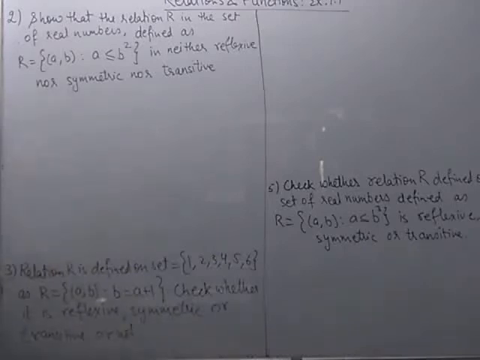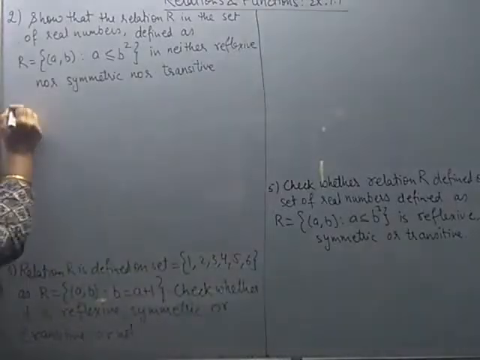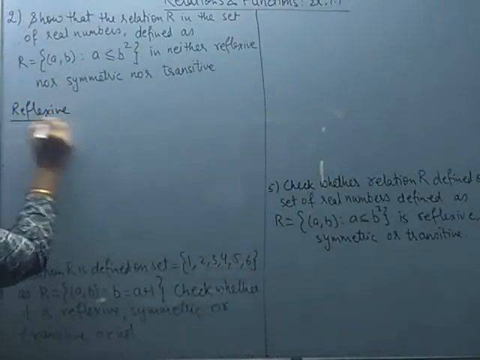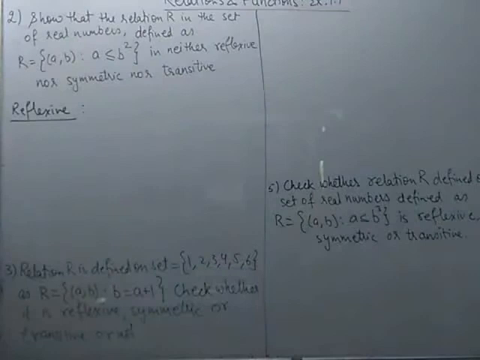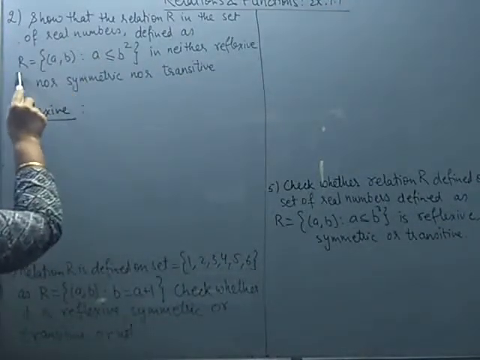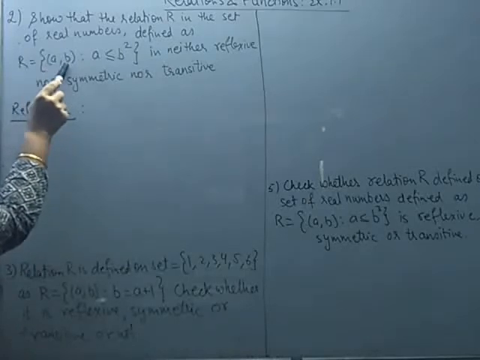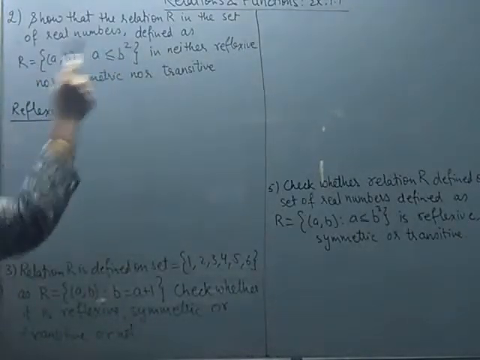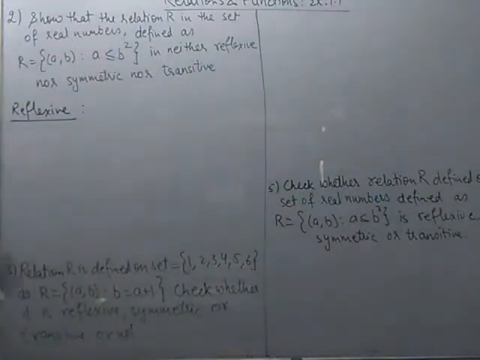You need to recall the condition for reflexive relation. For R to be reflexive, I should be able to show that (A, A) will belong to R. That means if both the elements of the pair are same, then every time this condition is satisfied. If we manage to prove that, then it becomes a reflexive relation, otherwise not.